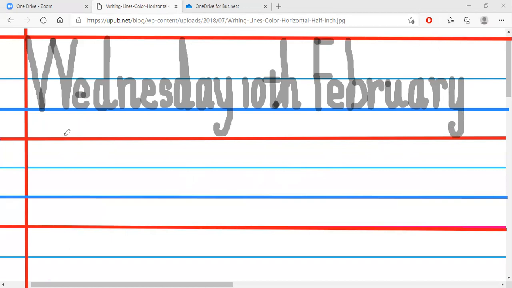So here we have Wednesday with a capital W, and we have February with a capital F. Wednesday, 10th February. Now let's write some capital letters.